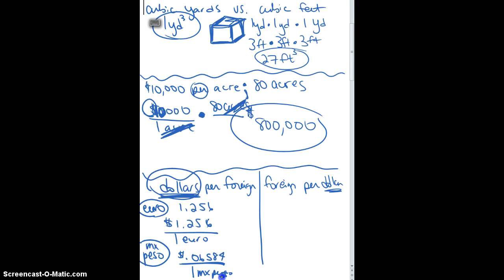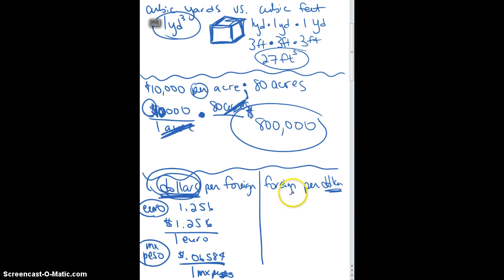So about $1.26 would be worth €1, and about 6 or 7 cents would be worth 1 peso. It says dollars, plural, meaning it's not talking about $1. The number in the chart is the US dollars compared to one of the foreign, whether it's pesos, euros, or yen.